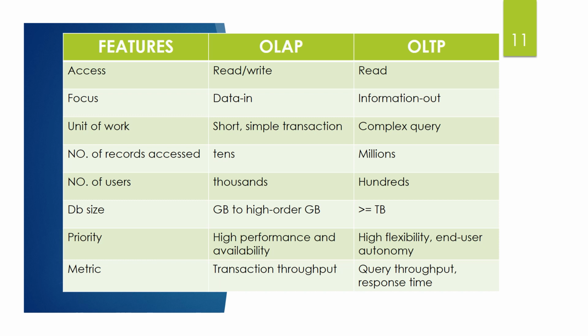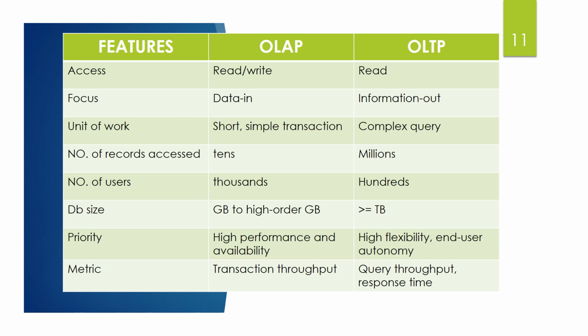OLAP's number of records accessed are usually in tens, while the OLTP's number of records accessed are in millions. The number of users for OLAPs is approximately thousands, while the OLTP's number of users is just in hundreds.